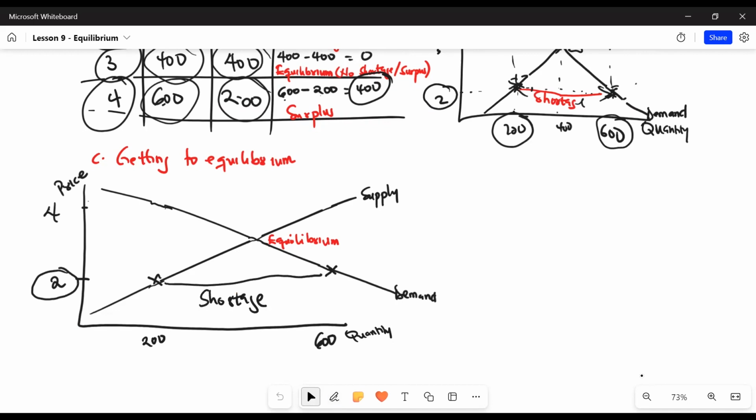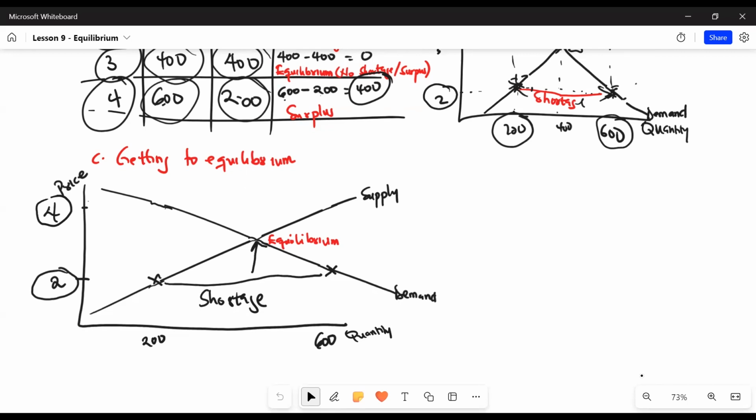At this point, it means that there are more people willing to buy the good than the amount of goods that producers are selling. So it means that there's high demand for the good. That will push the price of the good up slowly to the point of equilibrium. The alternative case is when we start from a point above the equilibrium price, for example at price 4.